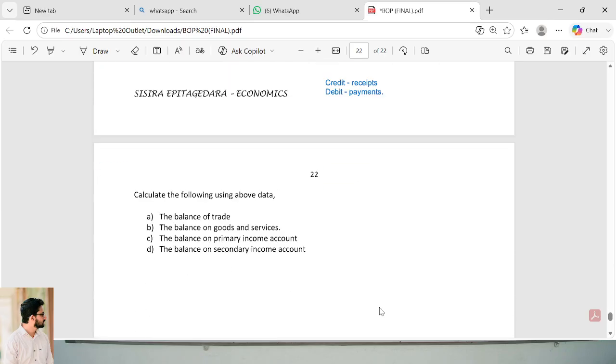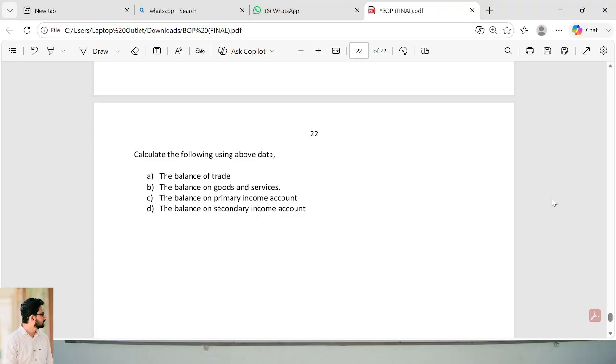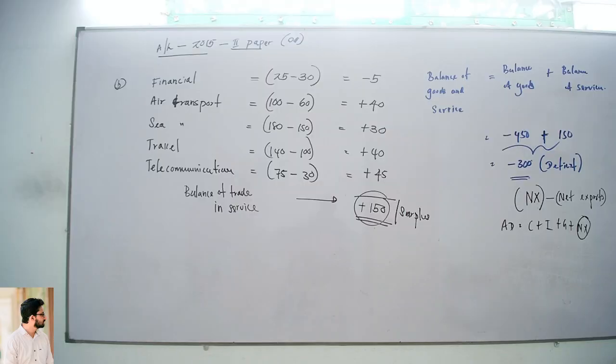What is the third one, Buddha? The balance of primary income account. Right. Okay, you can do it. Give a try. Primary income account is the account in which all payments and receipts regarding factor payments, exchange of factors of production related receipts and payments are recorded.